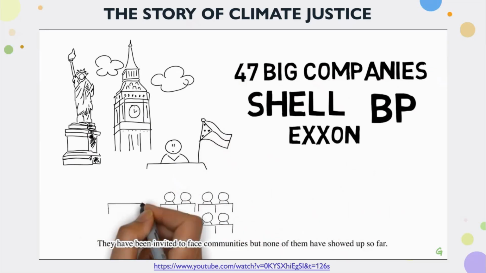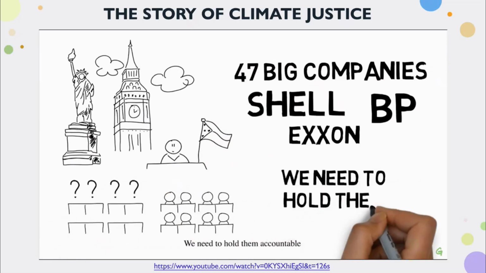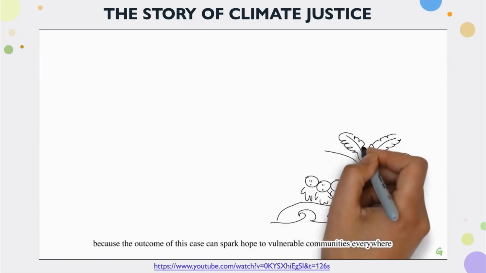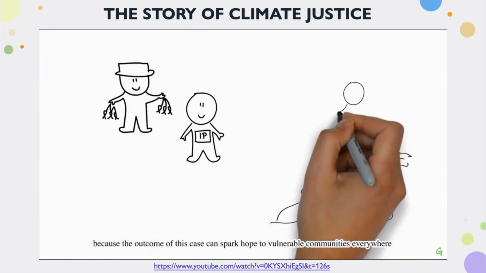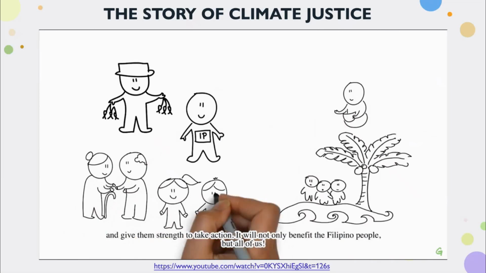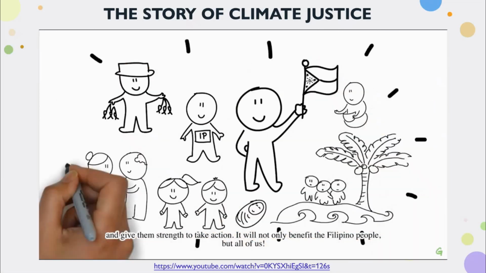They have been invited to face communities, but none of them have showed up so far. We need to hold them accountable, because the outcome of this case can spark hope to vulnerable communities everywhere and give them strength to take action. It will not only benefit the Filipino people, but all of us.